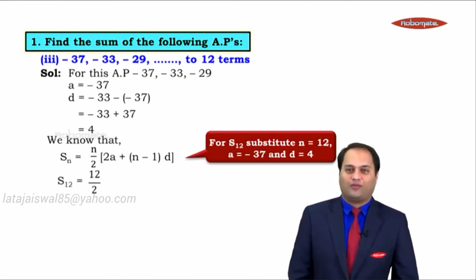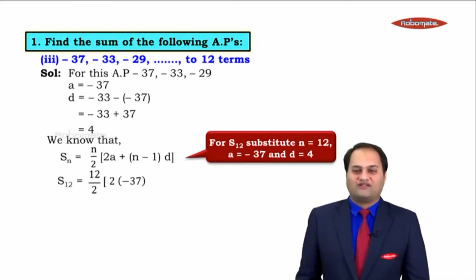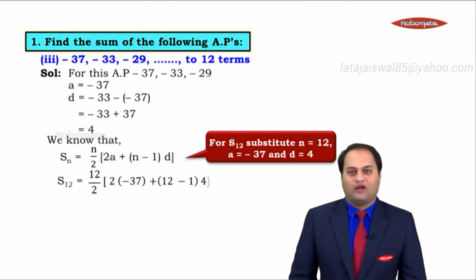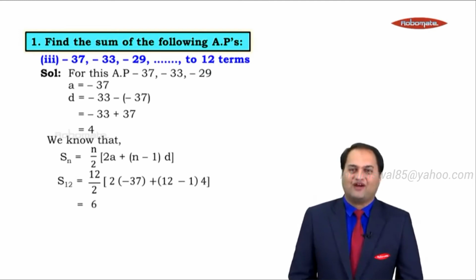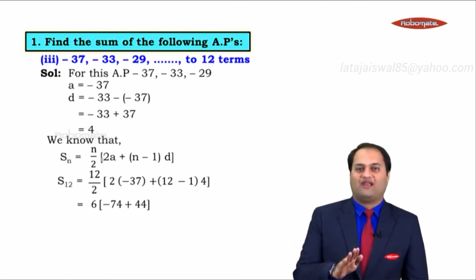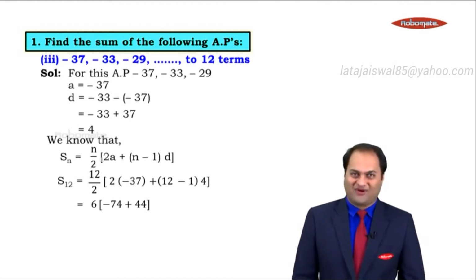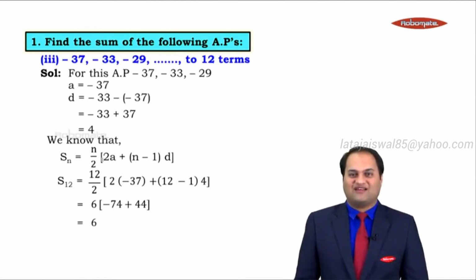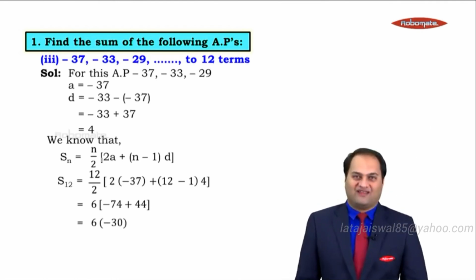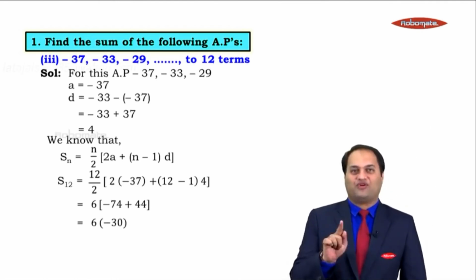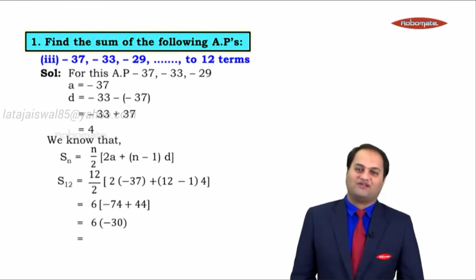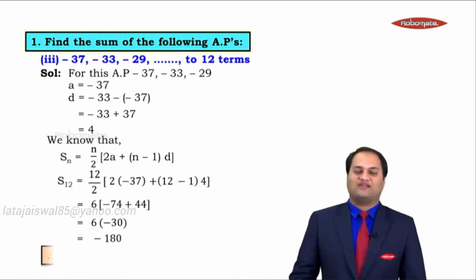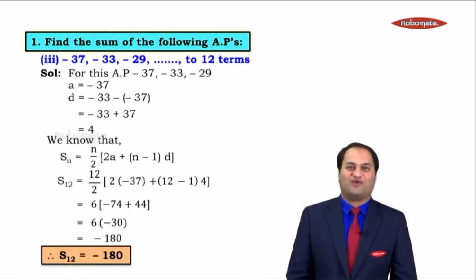S12 is equal to 12 upon 2 into 2 into minus 37 plus 12 minus 1 into 4. 12 upon 2 is 6. 2 into minus 37 is minus 34. 12 minus 1 is 11 and 11 into 4 is 44, right? You get 6 into minus 30 because the bigger number 74 is having the negative sign, so it's minus 30. 6 into minus 30 is minus 180, so the answer is S12 is equal to minus 180.